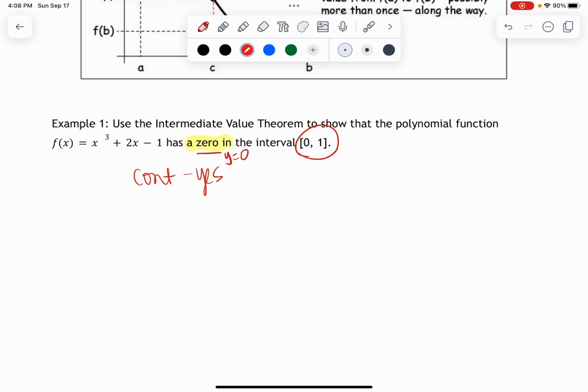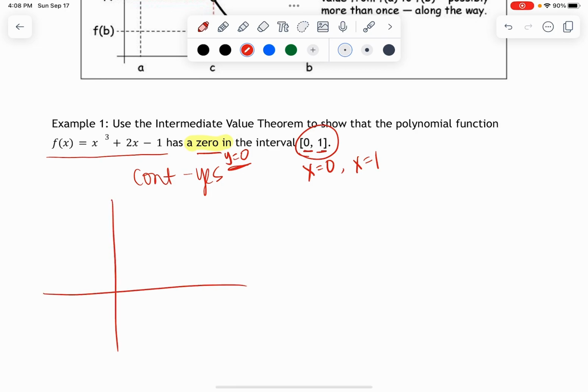So we need to show that from x equals 0 to x equals 1, the function goes on either side of y equals 0. I don't have this graph. I mean, we can graph it, but what I'm looking for is, at x equals 0 and at x equals 1, is there an x-intercept somewhere in there?